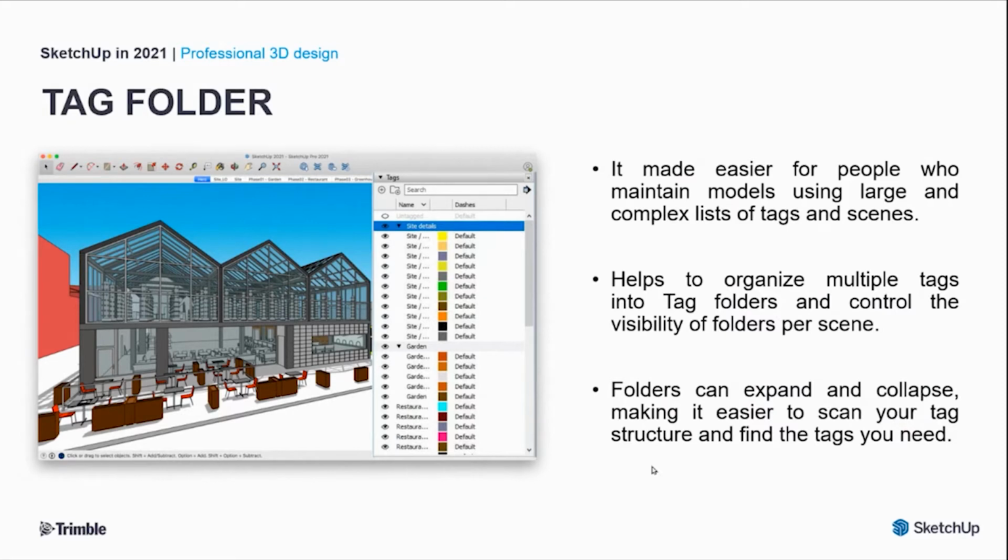Now they can arrange all these tags into different folders according to different levels or different properties. And after organizing these multiple tags into a folder, they can control the visibility of all these tags together using this tag folder option. And also, these folders can even be expanded or collapsed. So it will make it easier to scan the overall tag structure and to find tags as per your need.